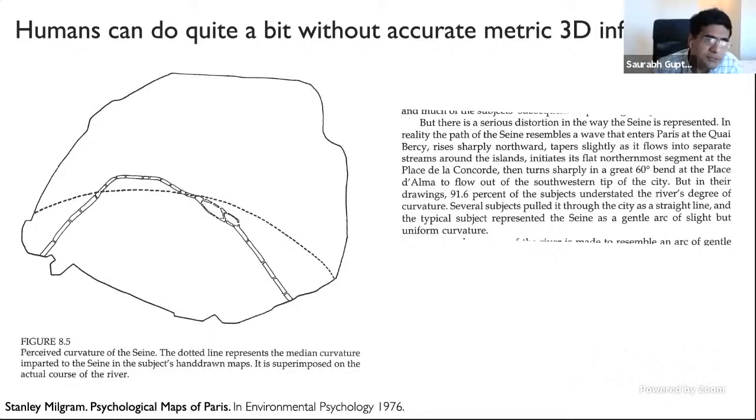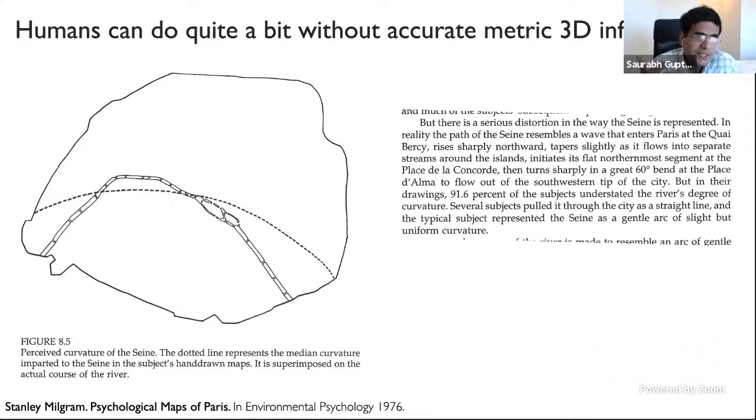And I've never been to Paris, but from his paper and his book, he basically describes that there is a river called the Seine River. And it turned out that systematically people would underestimate the river's curvature. So this broken line is the actual river, and the dotted line is what people drew. So they underestimated the curvature of this river systematically.